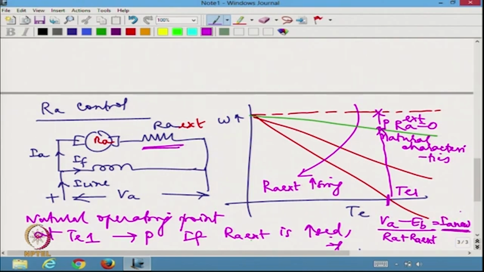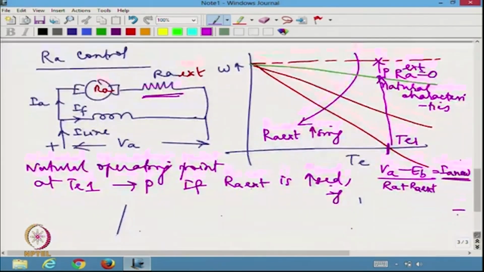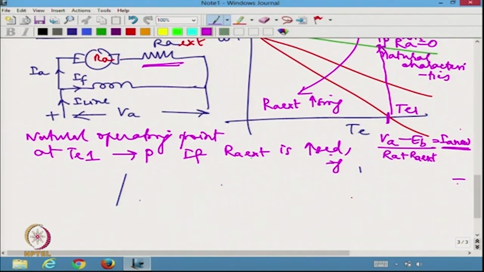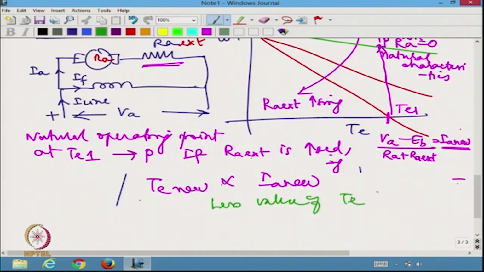So, IA new will be less than the original value of armature current. Because it is now less than the original value of armature current, the torque that is produced is going to be proportional to IA new. So, I am going to have less value of TE produced.